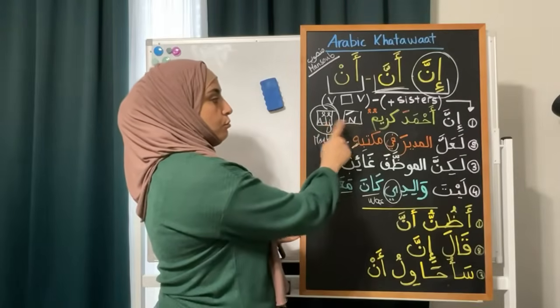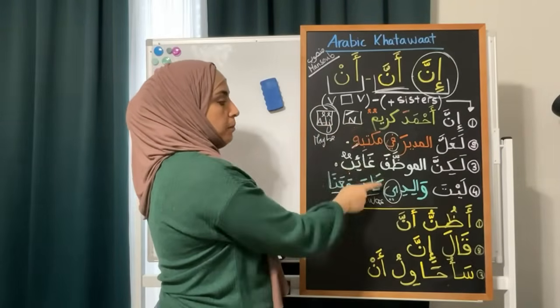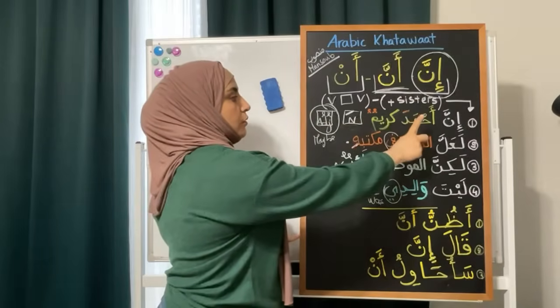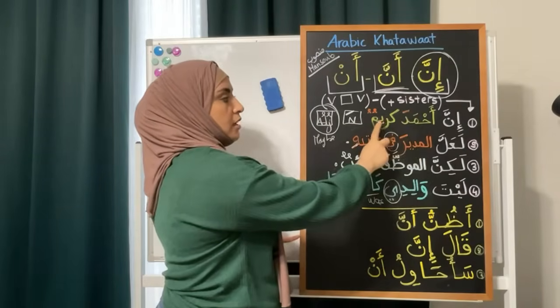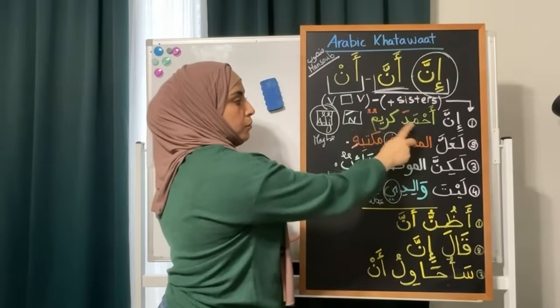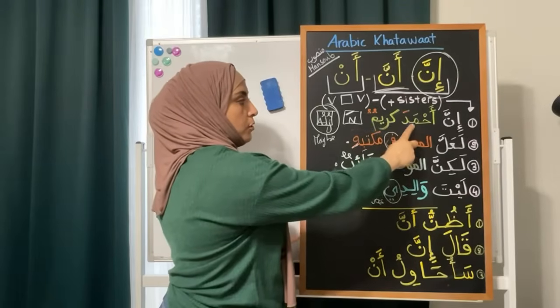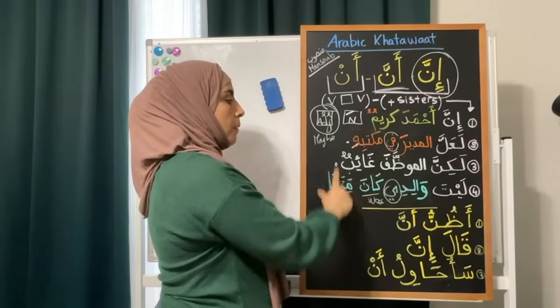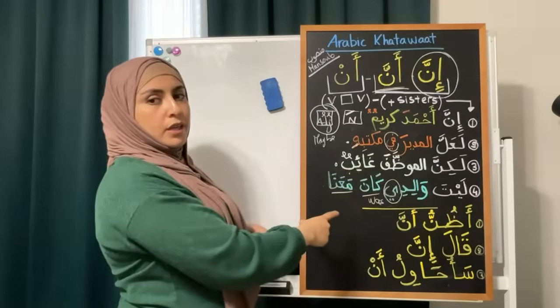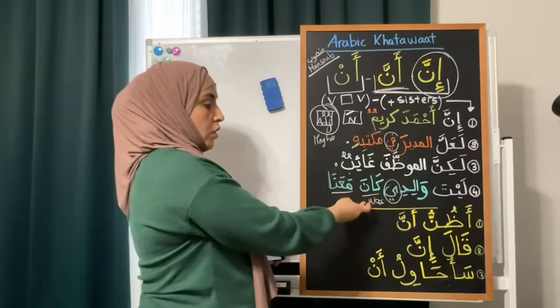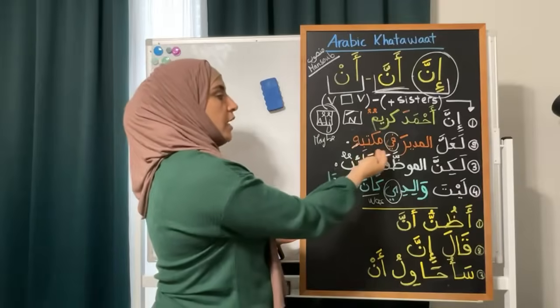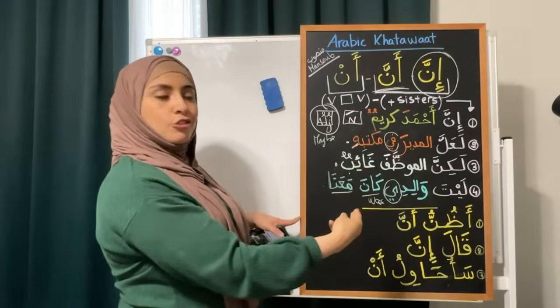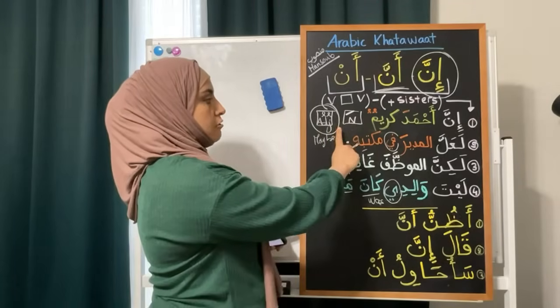So basically this rule that I just said over here can be applied only when you have a subject and a predicate, like mubtada wa khabar. You're giving me the person, you're giving me what he's doing. But if you're adding more creative ways, like was with us, or in his office, or additional statements, the rule is not the same.